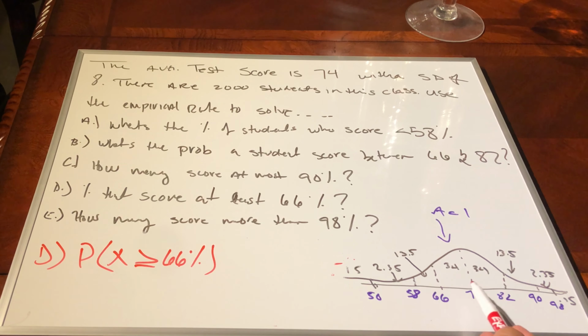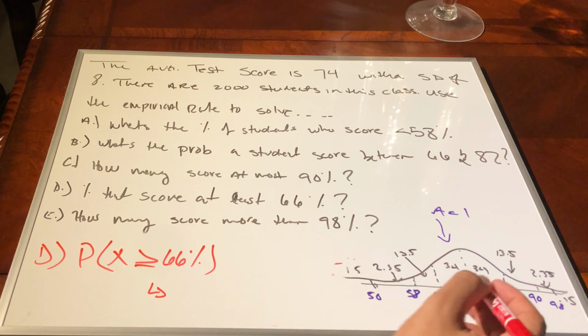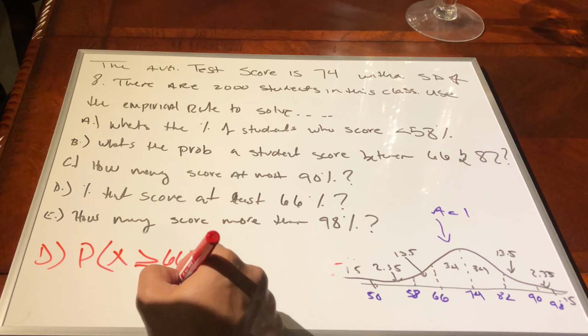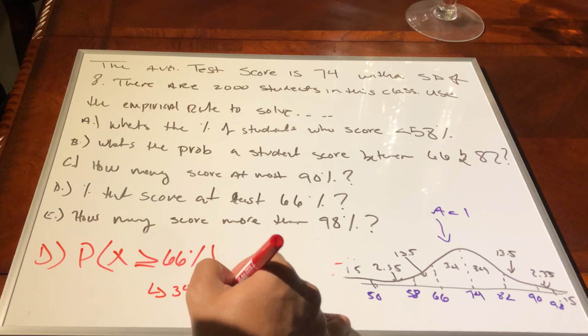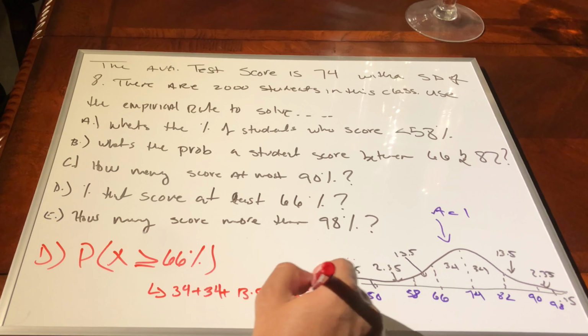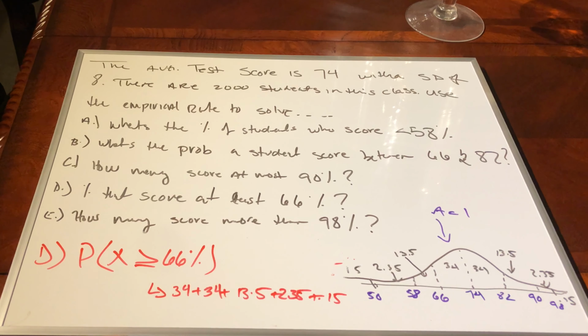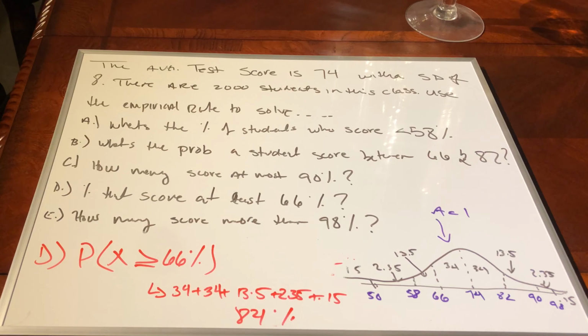You take 34 plus 34, which gives you 68, and then plus 13.5 plus 2.35 plus 0.15. That should give you 84%.